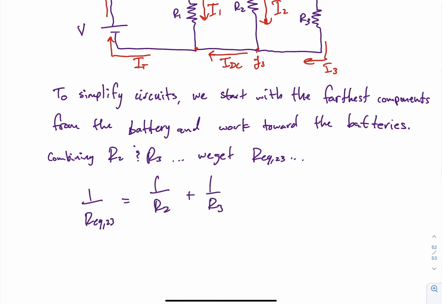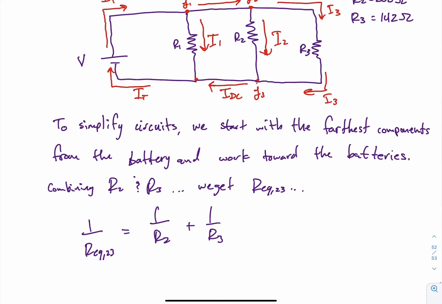This is just the equation for any parallel connection. So effectively what we've done is we've taken these and combined them to be represented by a single equivalent resistance.